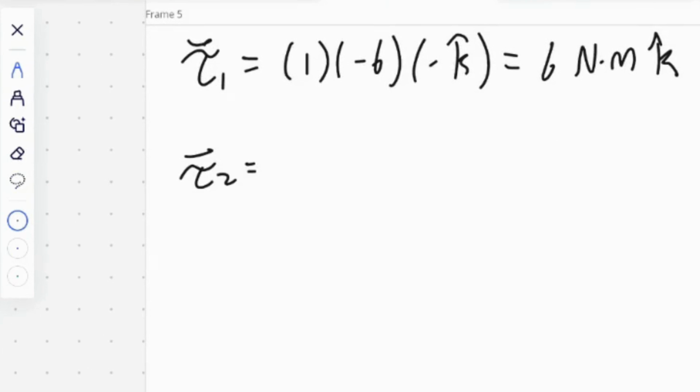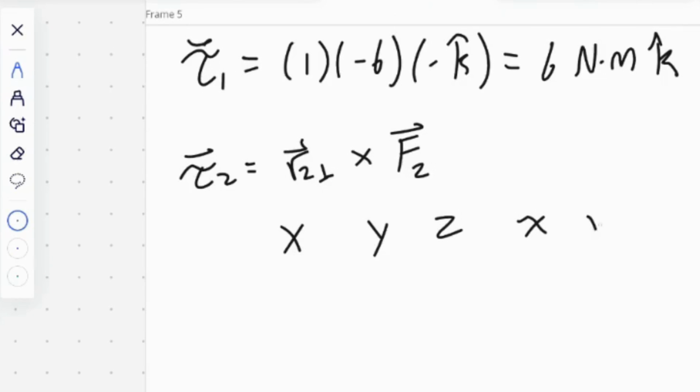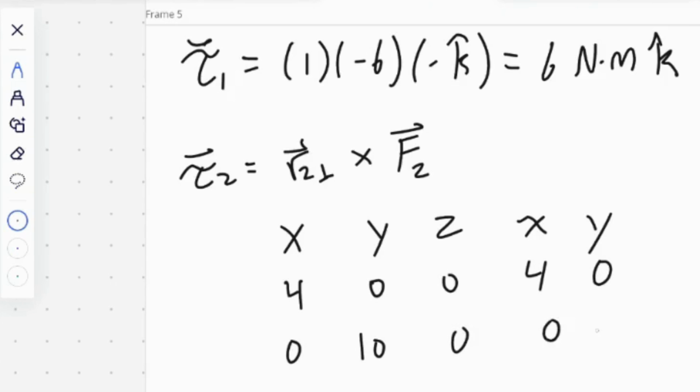So for torque number 2, that's going to be perpendicular distance cross with that force. For that one, we had 4 in the x and 0 in everything else, and 10 for that force in the y.